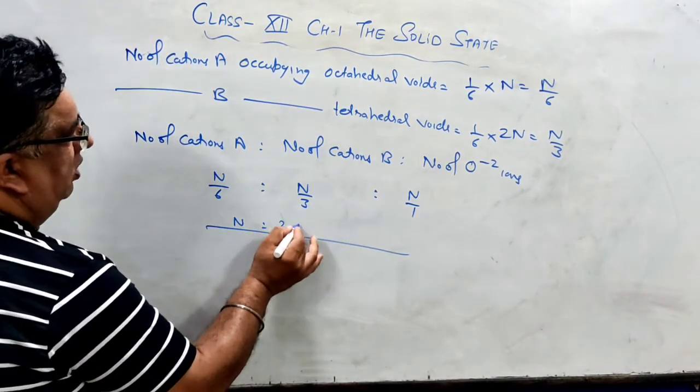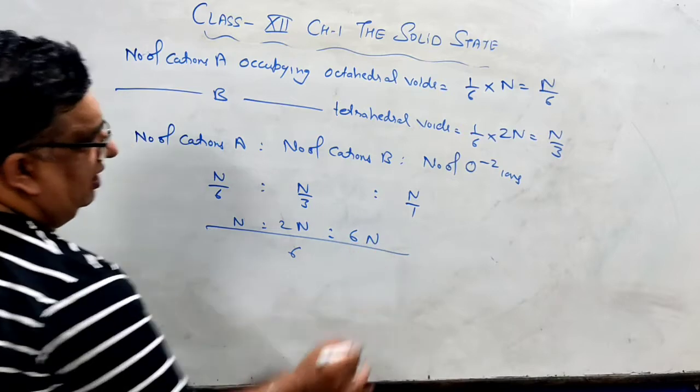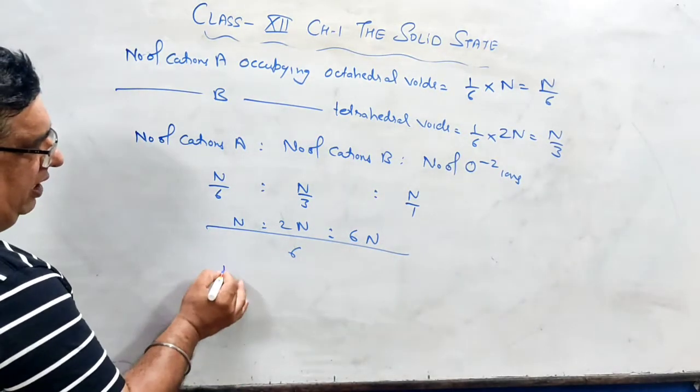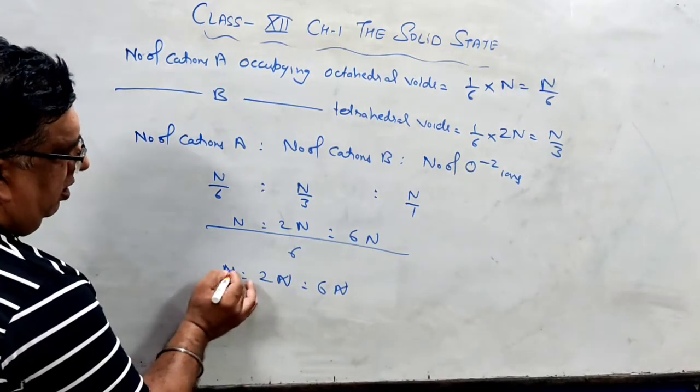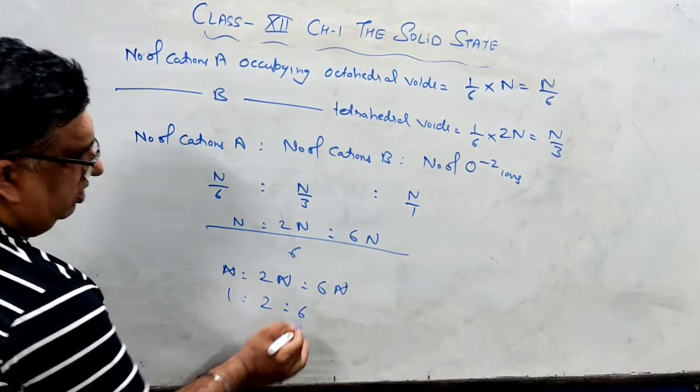This is n ratio 2n ratio 6n. इसे ड्रॉप कर देंगे तो n ratio 2n ratio 6n, n cancel. This is 1 ratio 2 ratio 6.